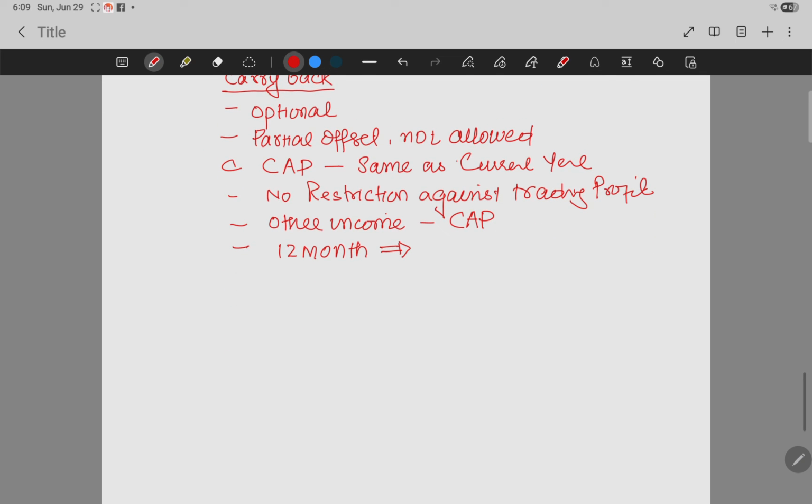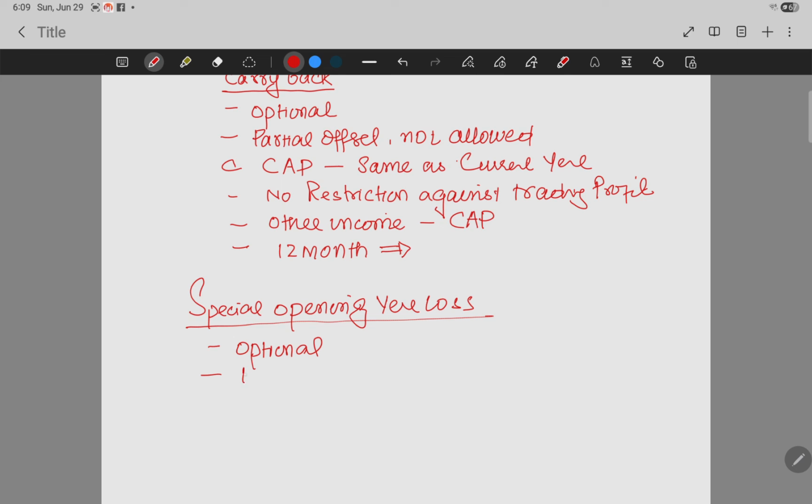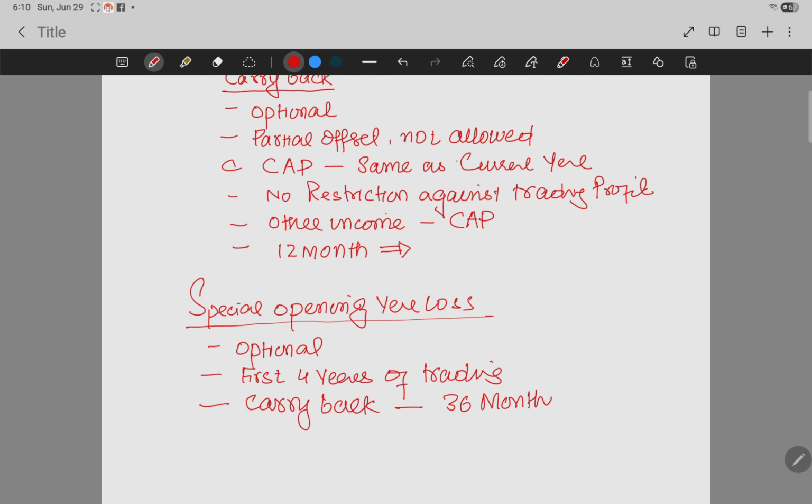Now, as far as the special opening year loss relief, again this is optional, only available against the first 4 years of trading in which we have trading loss. Carry back 36 months, 3 years.